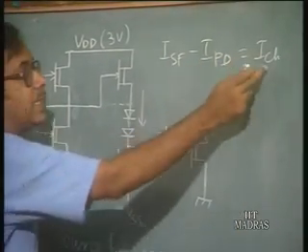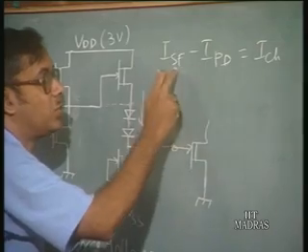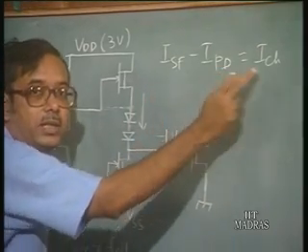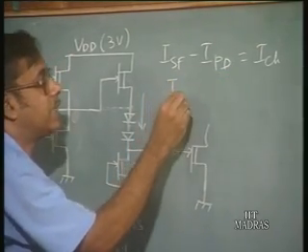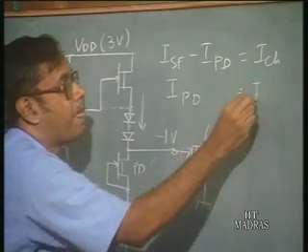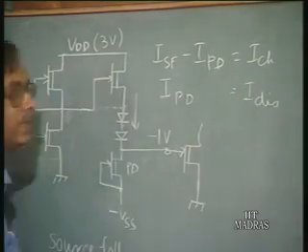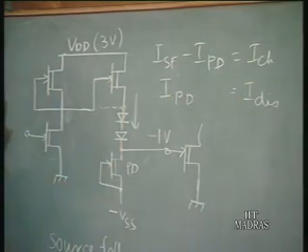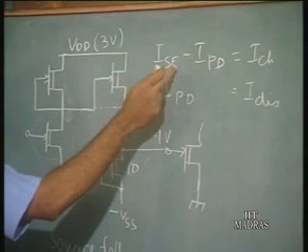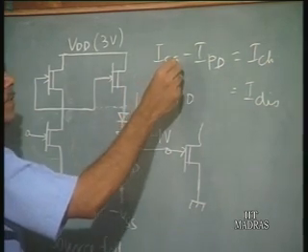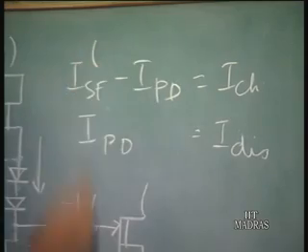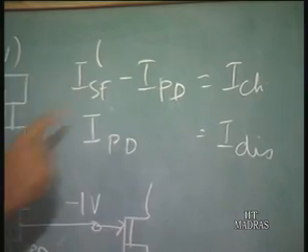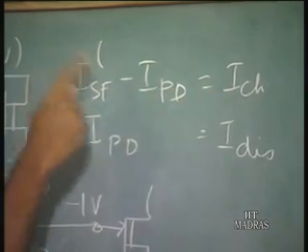So the charging current is the source follower current minus the pull down current, whereas the discharging current is just the pull down current, charging the output capacitance.